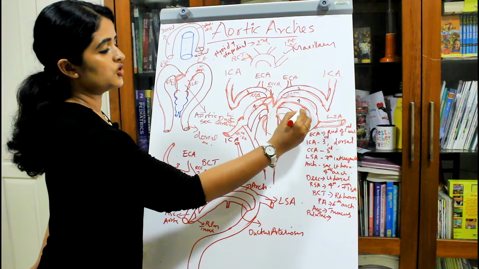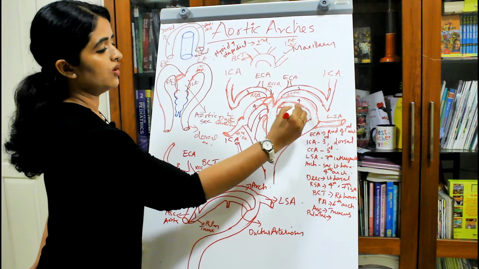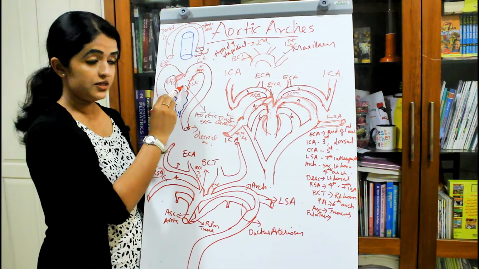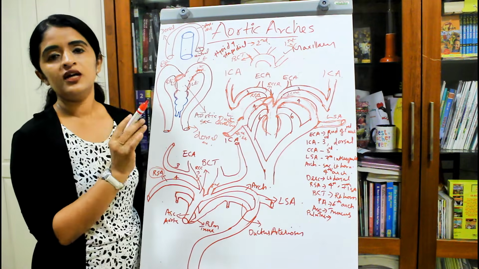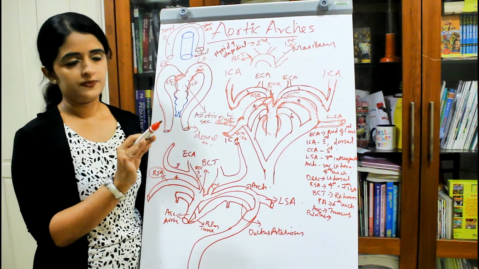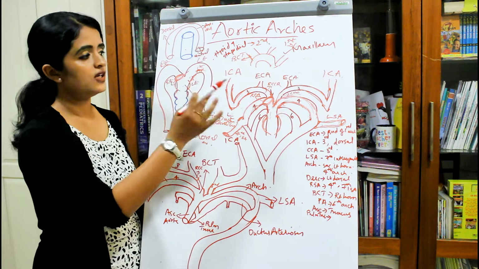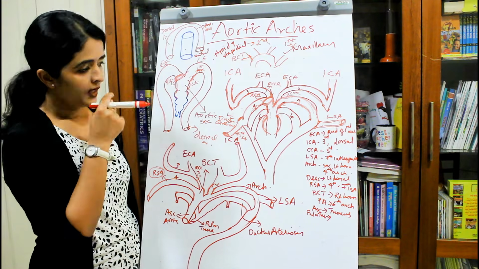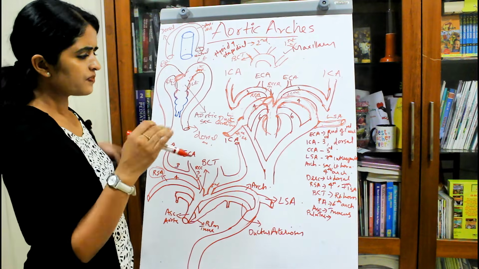So this is giving rise to the arch of aorta. Once again, the left horn of the aortic sac and the fourth arch artery give rise to the arch of aorta. So the arch of aorta is over, the brachiocephalic trunk is over, you have the common carotids and subclavians on either side.